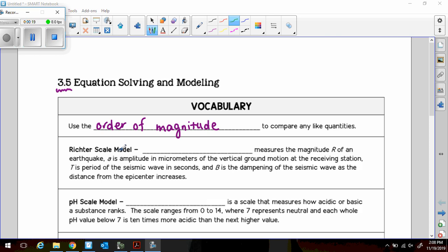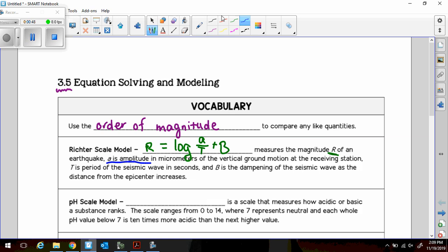The Richter scale model is R equals log of A over T, and then plus B. And this measures the magnitude of an earthquake. A is the amplitude in micrometers of the vertical ground motion at the receiving station.